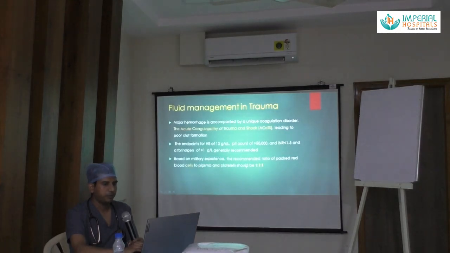Based on the military experience, the recommended ratio of packed red blood cells, plasma and platelets should be 1:1:1. This is in acute trauma where there is a major blood loss, where we are planning massive transfusion. We have to plan 1:1:1. It depends on institutional protocols, where some institutes follow 2:1:1, and some institutes follow bedside thromboelastography and deficient factors are replaced.